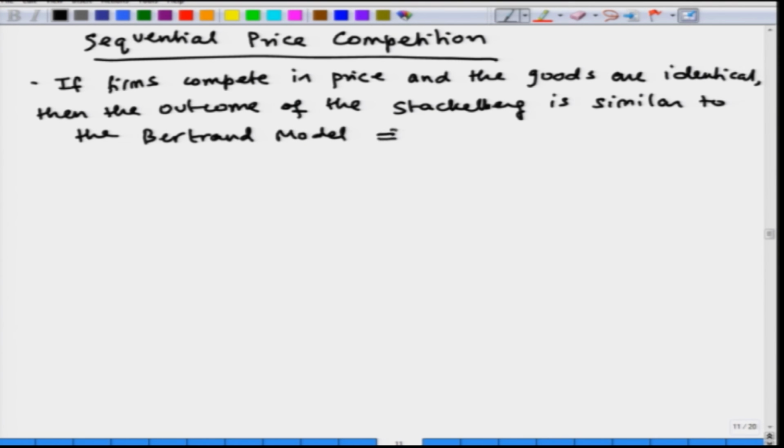And notice that in the Bertrand model of price competition, price is equal to marginal cost, where C is the marginal cost. This was the outcome under the Bertrand model.